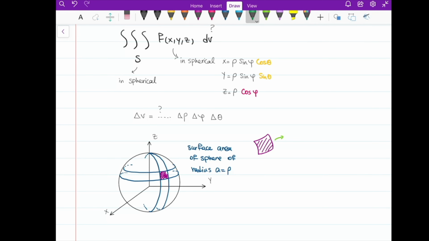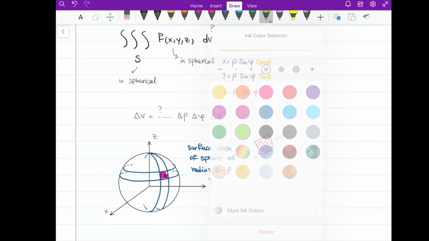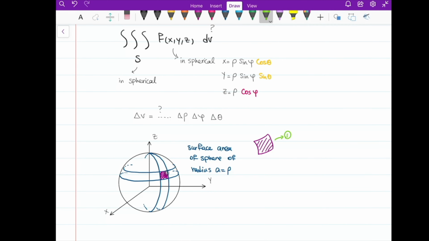Okay, so this side is what? First, I can say that this side in here is basically a piece of a circle of radius a.